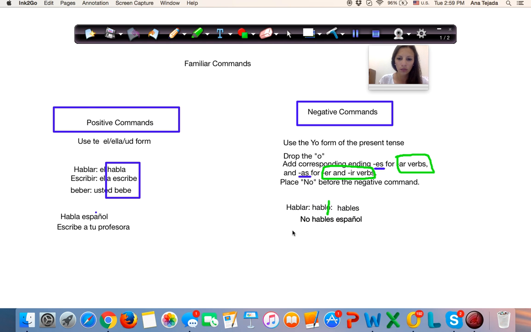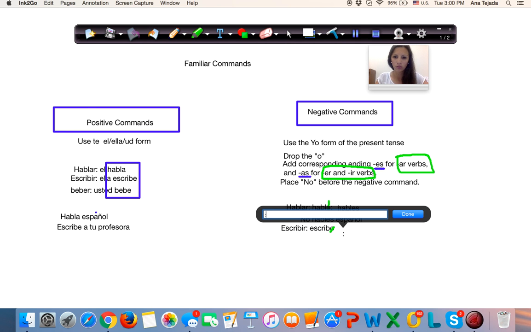Let's go to the next verb. Escribir. Yo escribo. Remember, we dropped the O. It's an IR verb, so our ending is going to be as.